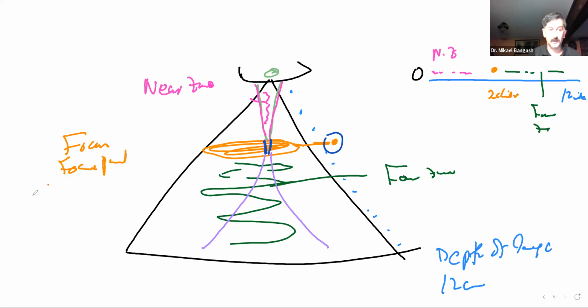Focal is derived from focus. So focal just means pertaining to focus, and point is point.